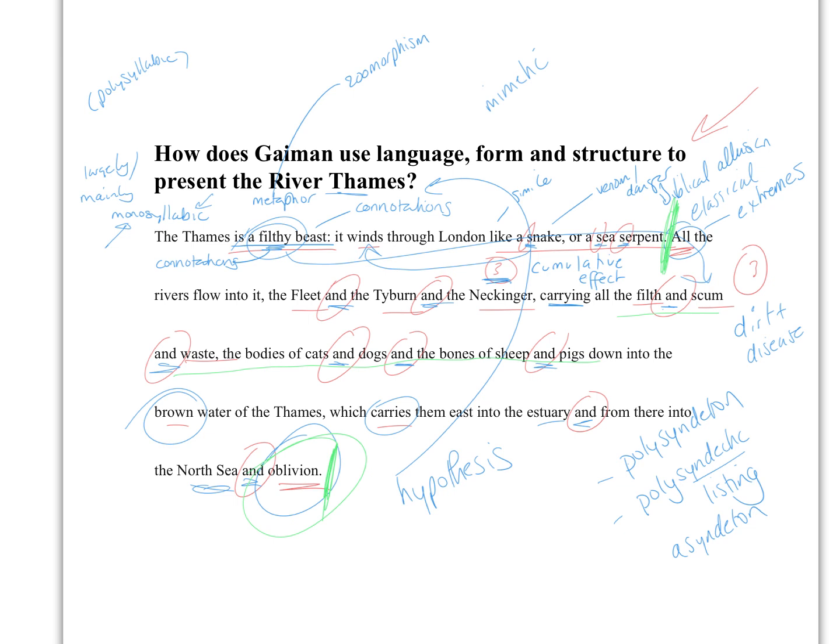So after doing all of that scribbling and all of that thinking, I now want to make sure that my material is in as good an order as possible. I want to make sure that, as far as I can, I've grouped like ideas together, that I'm not repeating ideas, and that if I'm using a topic sentence to say the river is presented as this, I'm bringing all of that evidence to bear at that point.